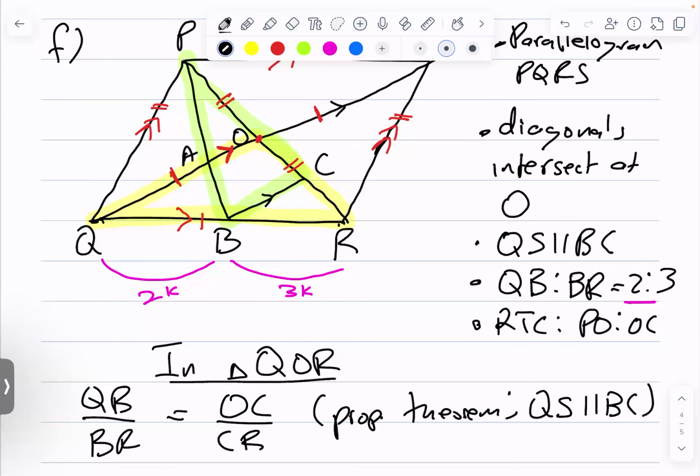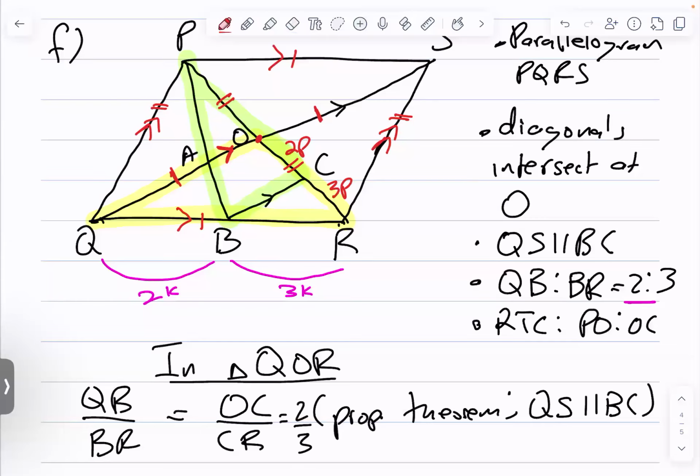Oh, sorry, this is equal to 2 over 3. My bad. So you are saying that OC is equal to 2P. Oh, sorry, I forgot to transfer the information here. So here you have OC being 2K, and then you are having CR being 3K. You did very well. I was supposed to say 2K. I said 2P, I gave it a different letter. Yes, you're supposed to. You see, now I'm being sleepy and this thing is being recorded.